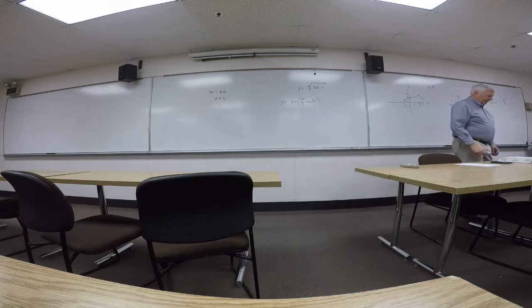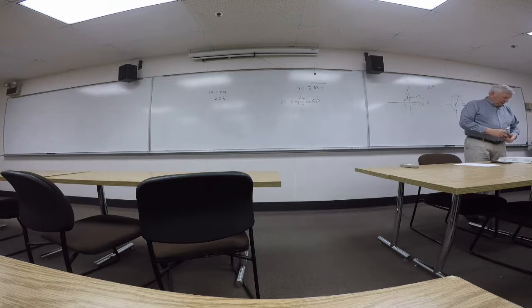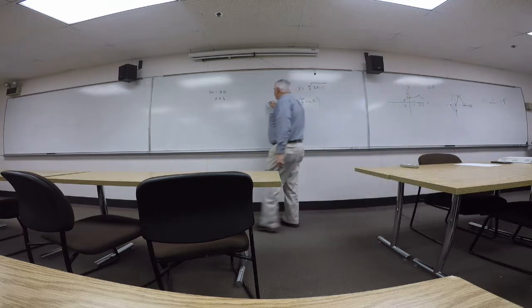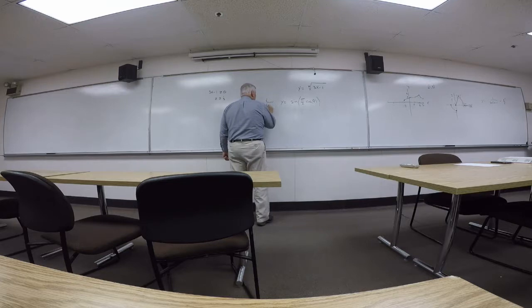What issues do we have with this thing? Number 34 says, find the limits, and we want the limit as t approaches 0. Limit as t approaches 0.